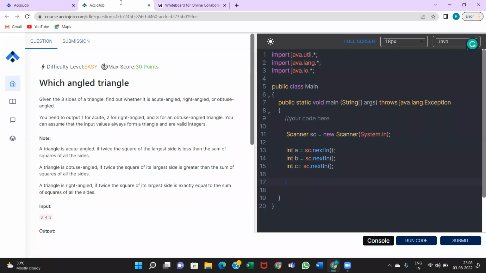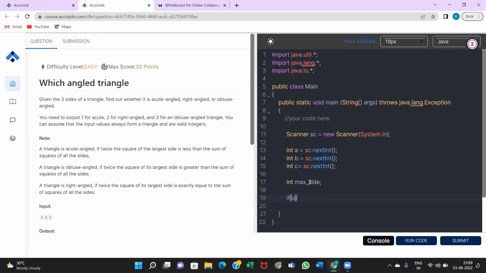Okay, so I'll declare an int, yeah, thanks for pointing it out, let's say maxSide. I have to calculate the maximum.